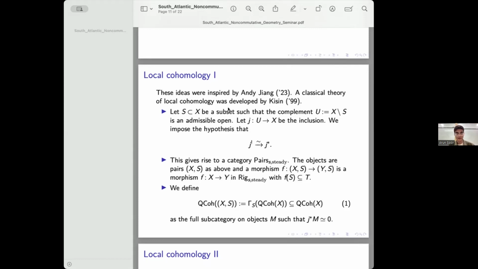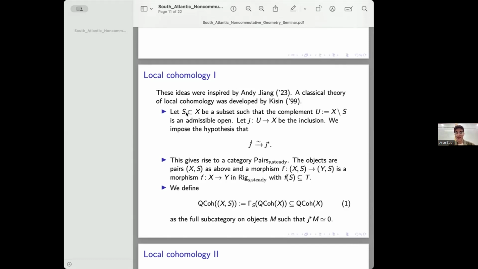Let me tell you what this is. We're going to consider a subset S of a rigid space with the property that its complement is an admissible open, right? So S is not necessarily an admissible subset itself. It could be a Zariski closed subset or a closed analytic subset. Then we look at its complement, which is an admissible open. The canonical example would be S a Zariski closed subset.